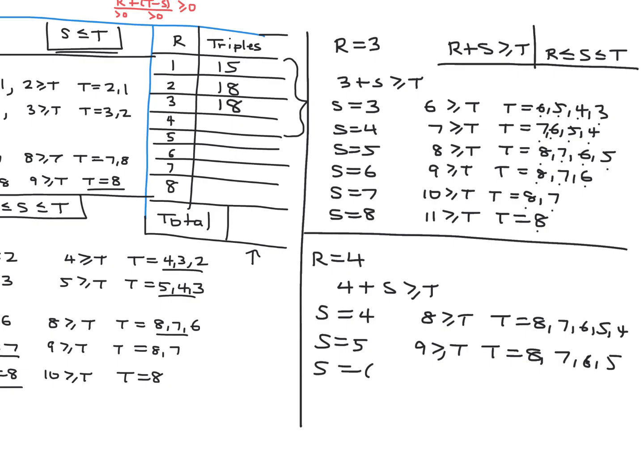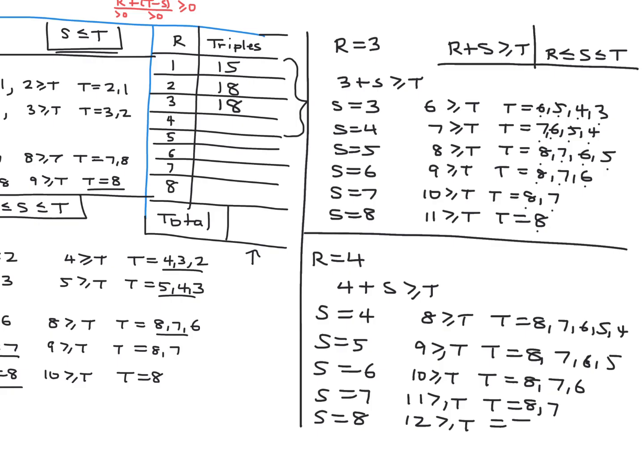S is equal to 6: 10 is greater than or equal to t, so t would be 8, 7, 6. S is 7: 11 is greater than or equal to t, so t is 8 and 7. And finally, when s is 8, 12 is greater than or equal to t, so t is just 8. So we have 1, 2, 3, 4, 5, 6, 7, 8, 9, 10, 11, 12, 13, 14, 15. Okay, and then those next ones I'll let you do.